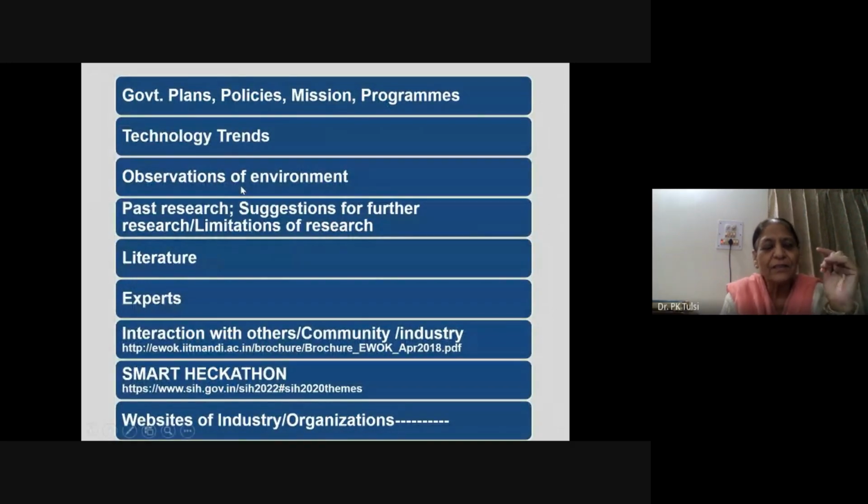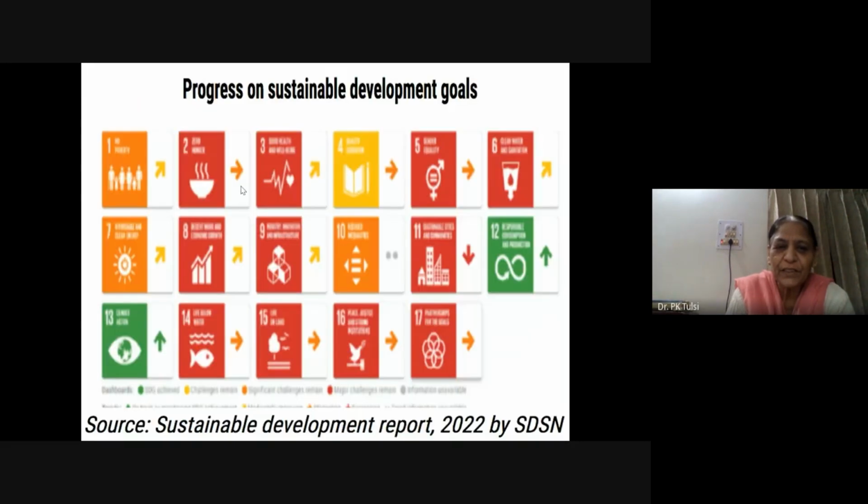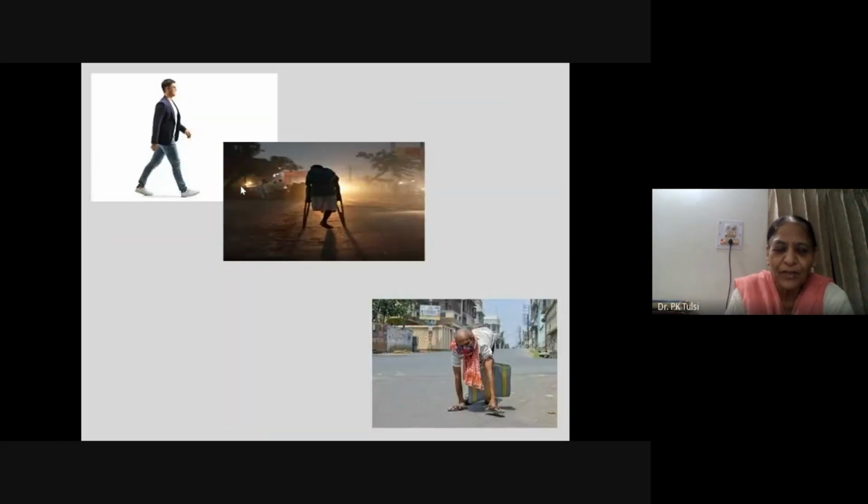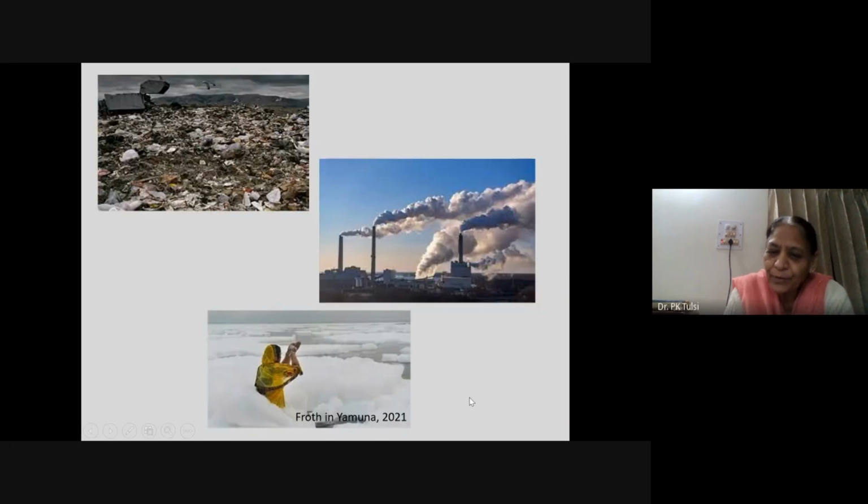And another is that we need to make observations of the environment around us. For example, here you will see the graphics, a person who is moving with crutches, without even assistive technology.